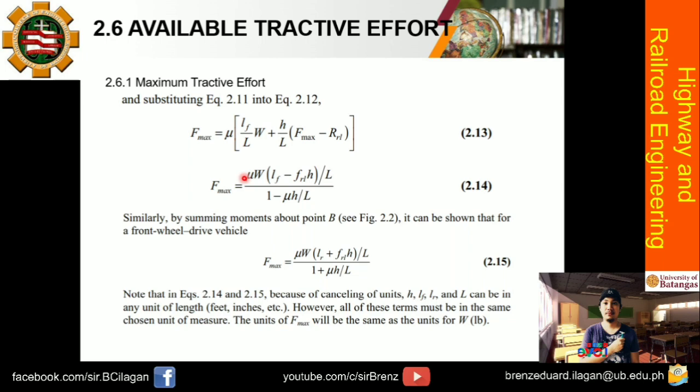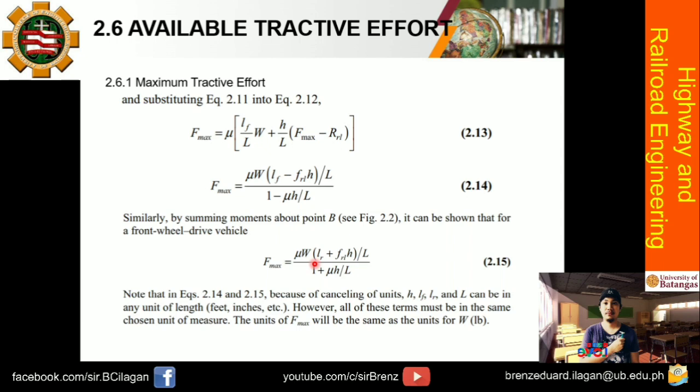So either of these two, you can use. So similarly, by summing moments about point B, this time we go to point B. From figure 2.2, it can be shown that for a front-wheel drive vehicle, your Fmax is given by the equation: Fmax is equal to mu times W, quantity of L sub R plus F sub RL times H over L, over 1 plus mu H over L. As you can see here, the equation is almost the same. So, just remember that your L sub F is replaced by L sub R. Okay?